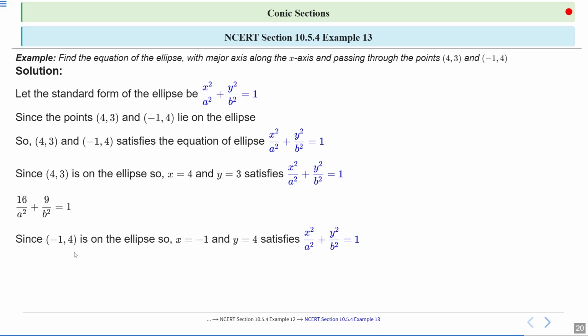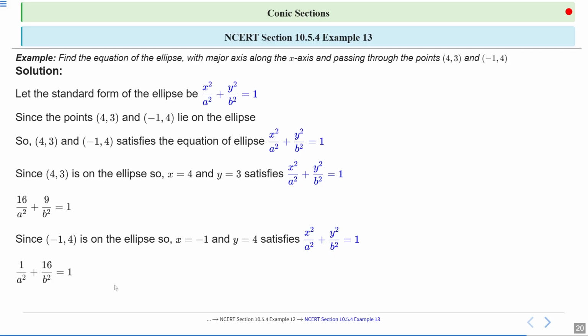And since (-1, 4) is on the ellipse, x equal to -1 and y equal to 4 satisfy the equation x square upon a square plus y square upon b square equal to 1. If we substitute x equal to -1 and y equal to 4 into this standard form, we get another equation: 1 upon a square plus 16 upon b square equal to 1.